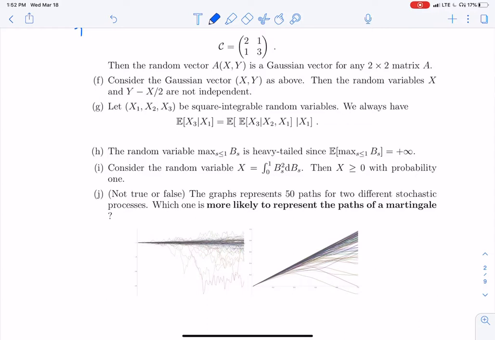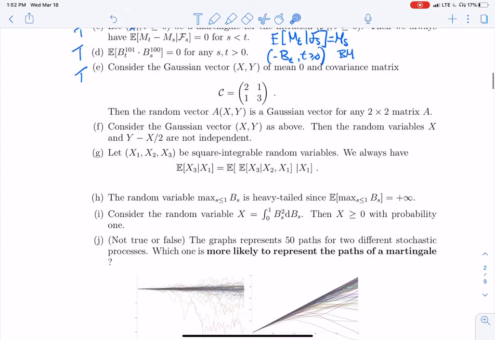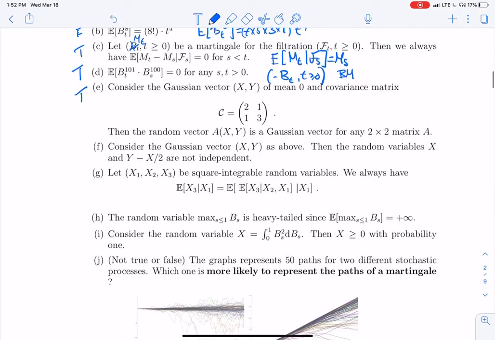All right. Now, question F. I have a Gaussian vector again, (X,Y), then the random variables X and Y minus X over 2 are not independent. So now they're jointly Gaussian. To know if they're independent or not, I can compute the covariance. So I'll do that. So E of X times (Y minus X over 2). The mean is 0, so that's the covariance.